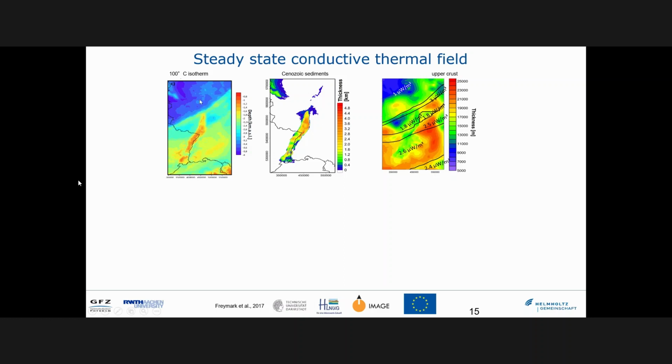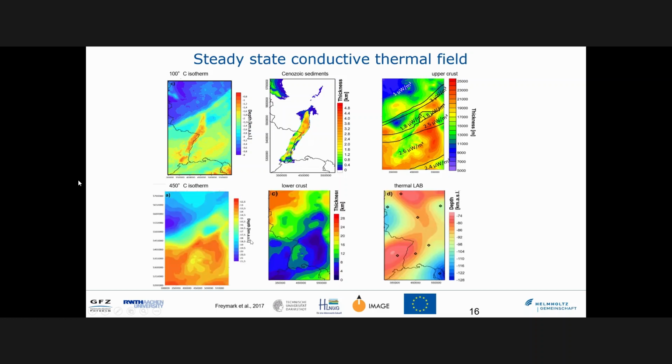These two-part pattern of colder northwest and warmer southeast in turn correlates again with the thickness distribution of the upper crust, which has different radiogenic heat production values, because there are different Variscan units that are sutured against each other here.